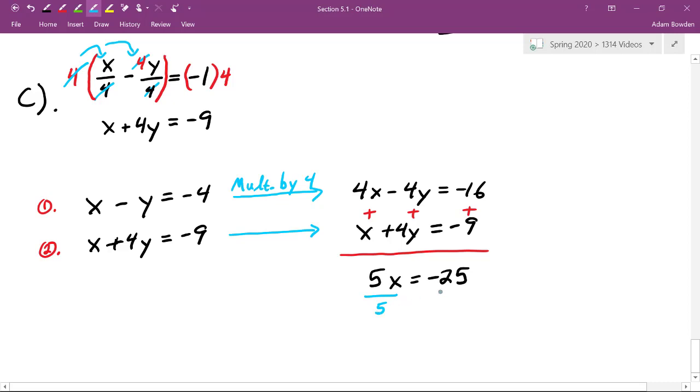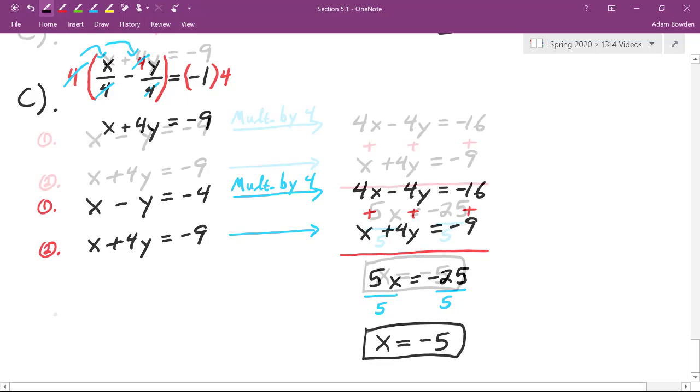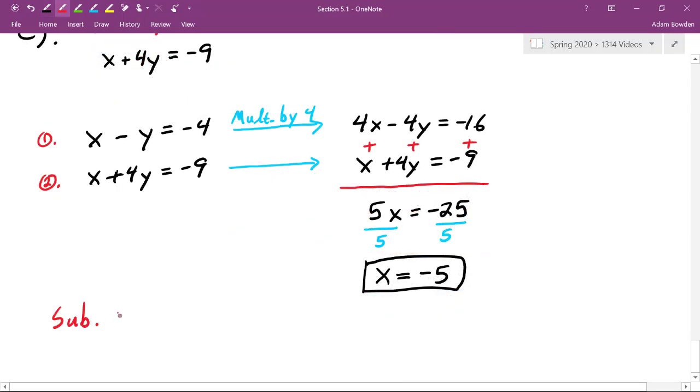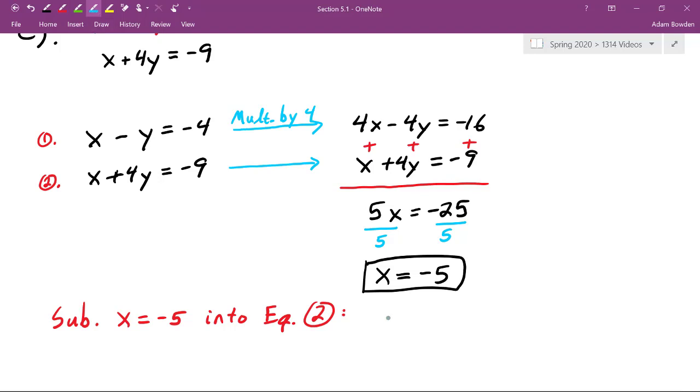So we'll add all these together and we'll get 5x equals negative 25. And after dividing by 5, we'll have solved for x. X is equal to negative 5. So what I'm going to do here is substitute x equals negative 5 into equation 2, even though I could use either equation here. We'll have negative 5 plus 4y equals negative 9.